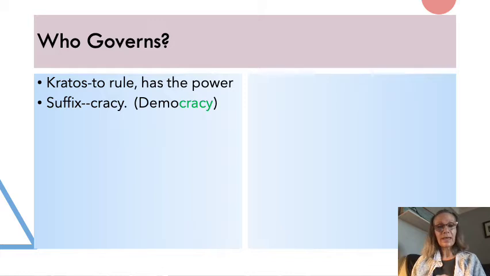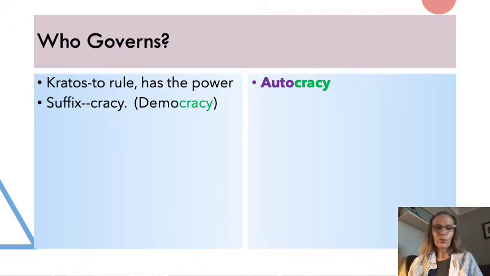And so when you see that part, that gives you an indication that this is about ruling. Because cracy is derived from the Greek word kratos, which means to rule or who has the power, right? And so when we take a look at these types of governments, you're going to see that suffix appearing, and then the prefix will give you an idea of what kind of government, who's doing the ruling.